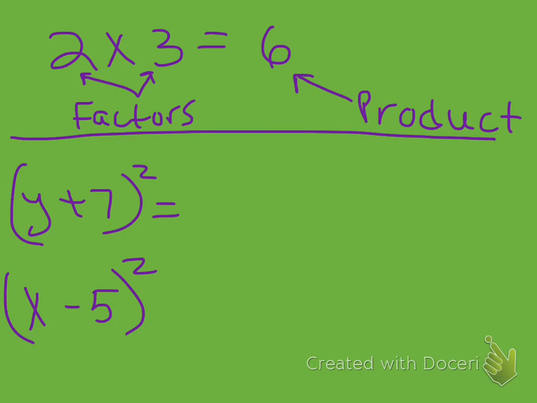And so you're going to be getting the product today and asked to find the 2 factors. So let's practice multiplying them. Let's actually start with the factors so we can learn something about them, so that we can find some patterns to go backwards with the product.